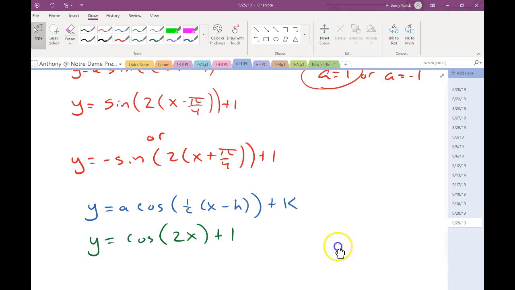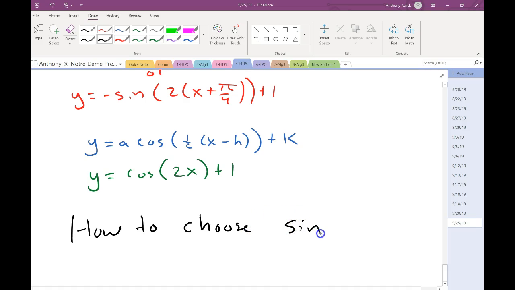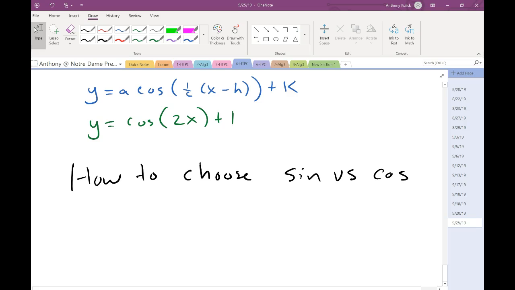So the big takeaway here for us is how to choose when to use cosine versus sine.